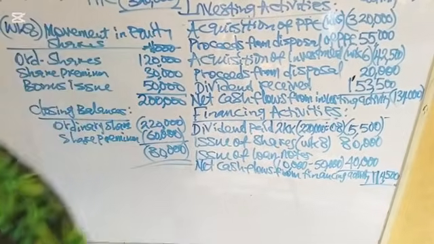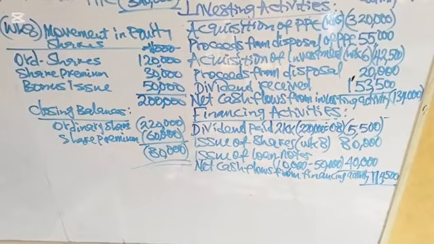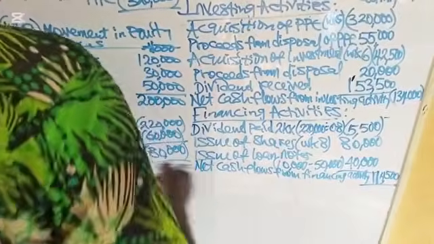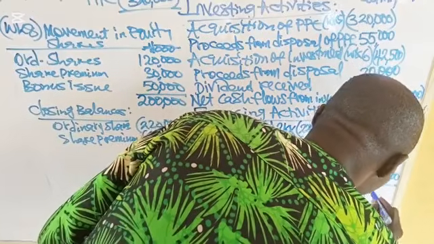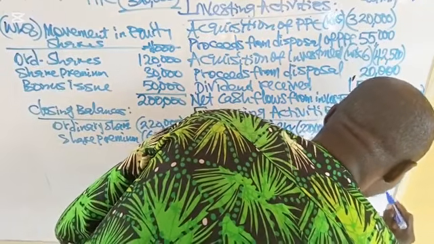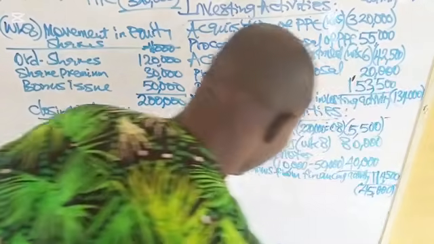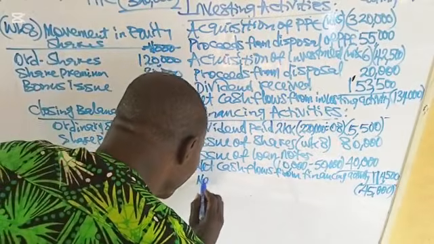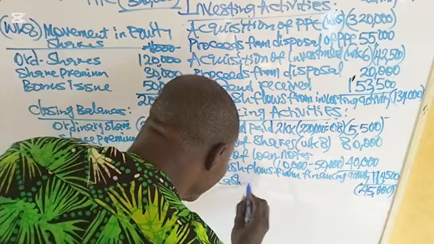The issue of loan note, 10,000 minus 50,000. Negative? Yes. That is net cash change.